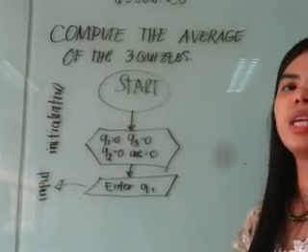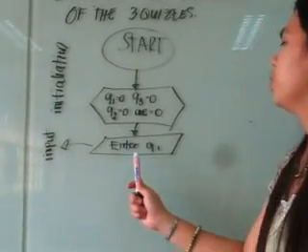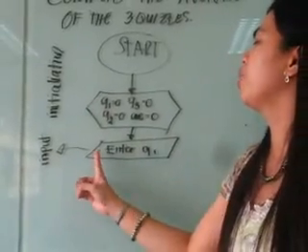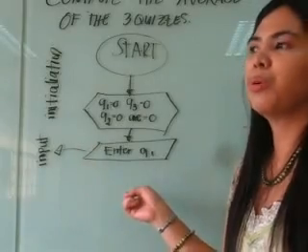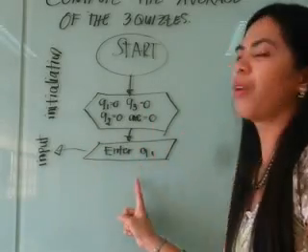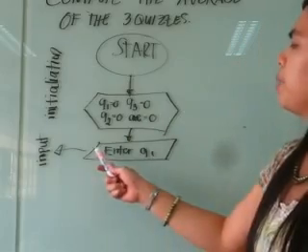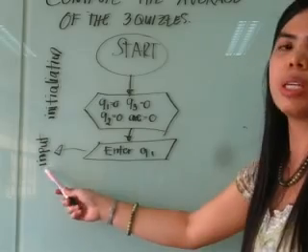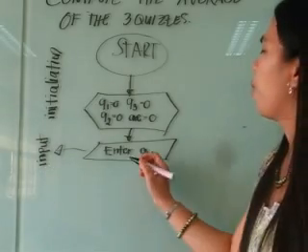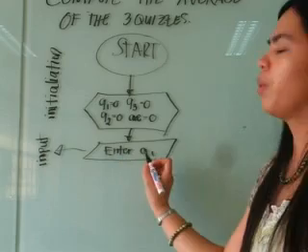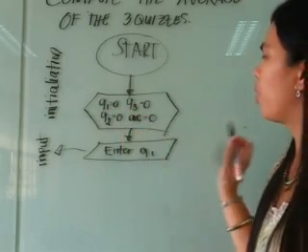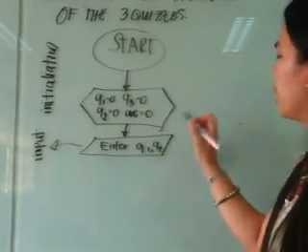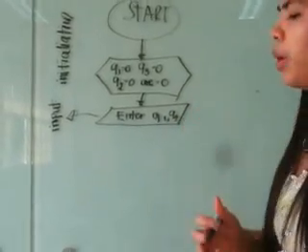When you say it is an input, you can enter something. Actually, this figure is a rhombus or a parallelogram. This parallelogram is used for the input, and it is also used as the output. Now, you already entered quiz number 1, but you didn't enter quiz number 2. So you have to enter quiz number 2, same as quiz number 3.